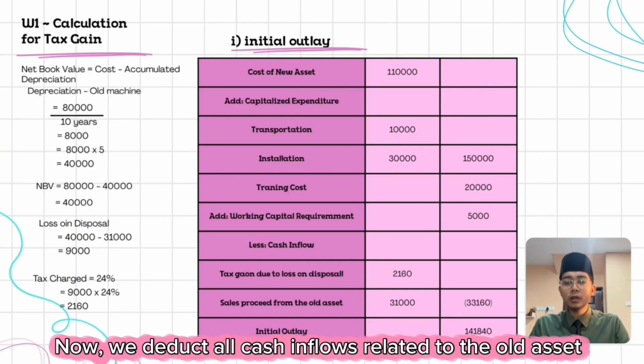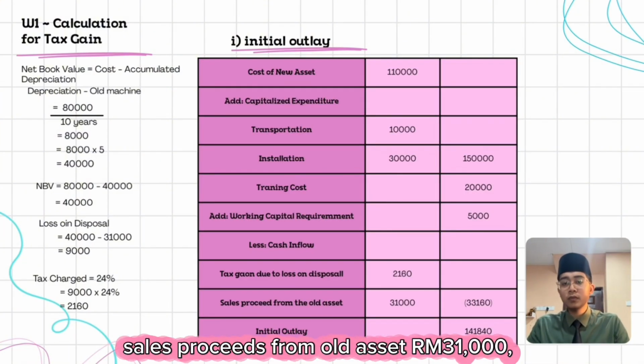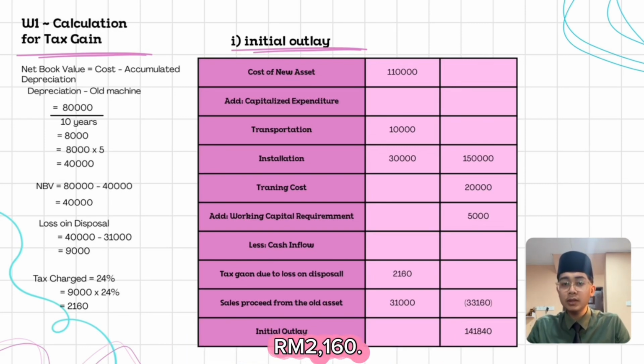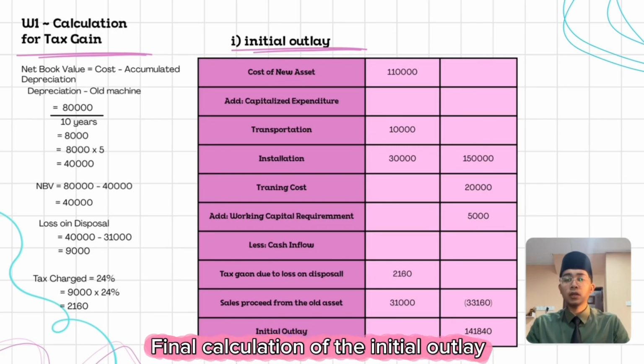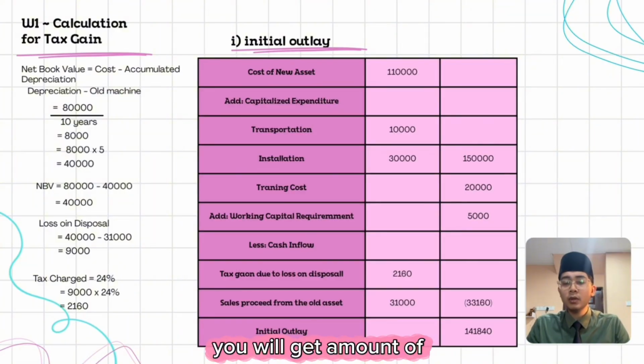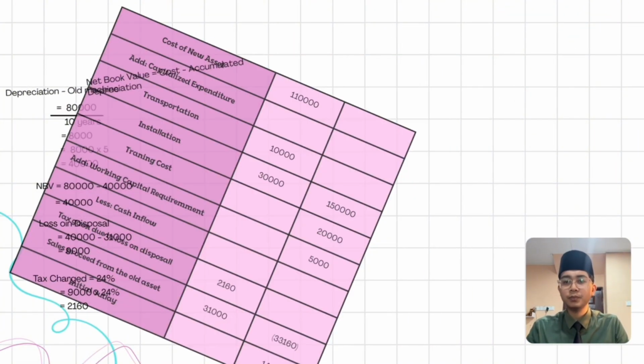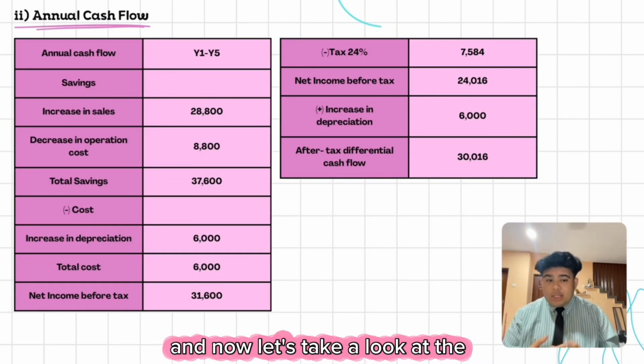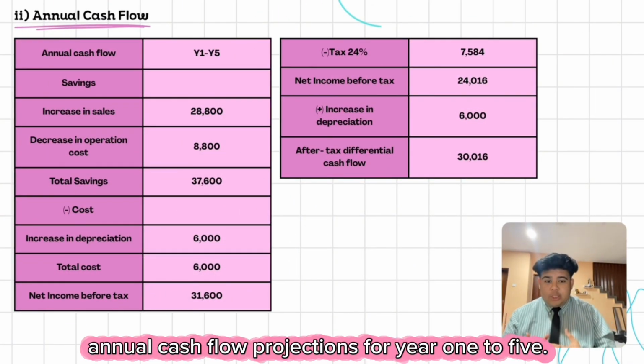Now we deduct all cash inflows related to the old asset, consisting of sales proceeds from the old asset Rm31,000 and tax gain due to loss on disposal Rm2,160. The final calculation of the initial outlay gives an amount of Rm141,840.